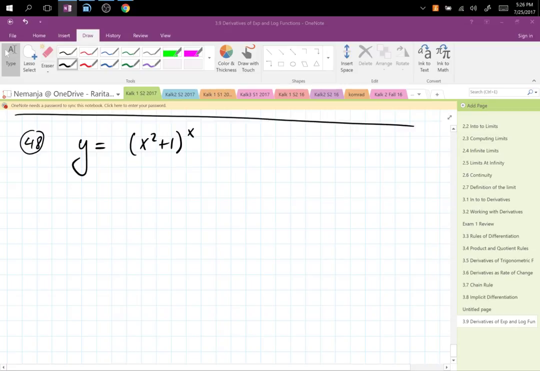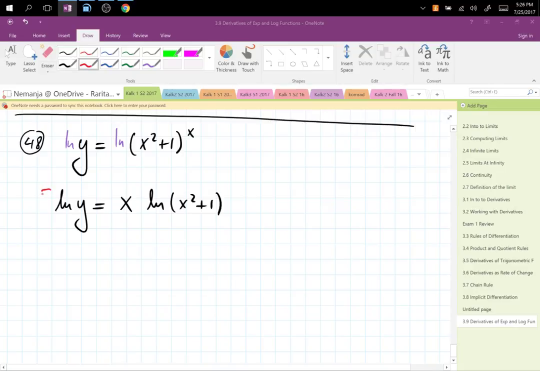All right, so this is again the same problem as above. All of these are the same. You take ln of both sides, so we get ln y is equal to x times ln of x squared plus 1.